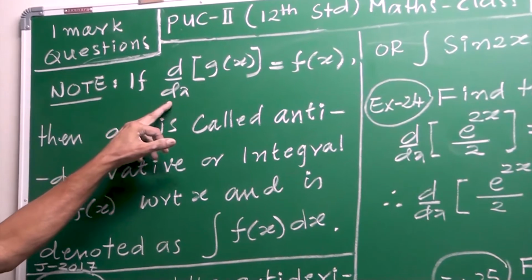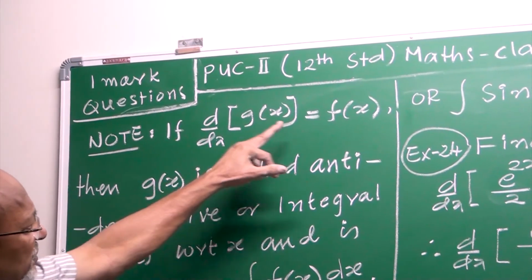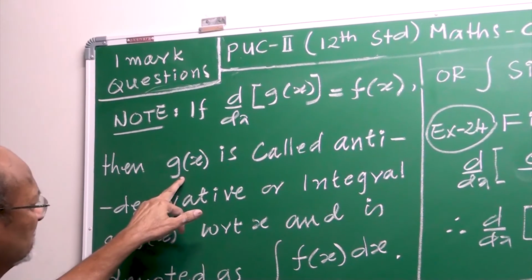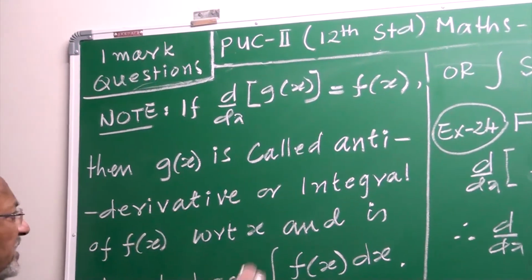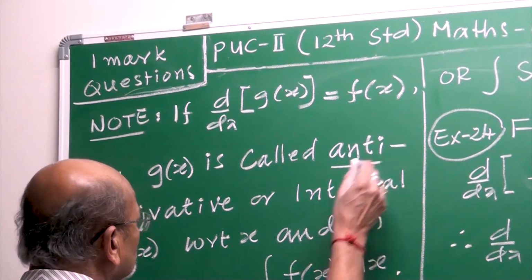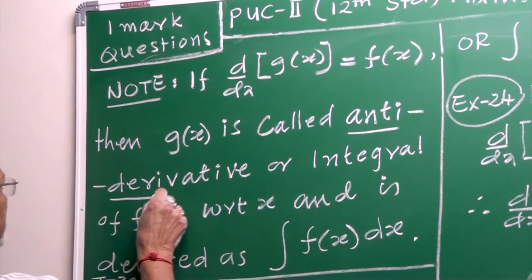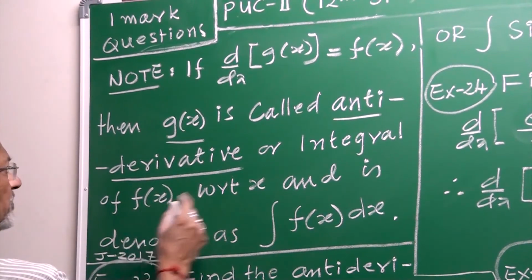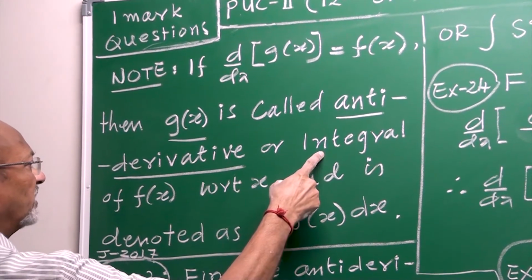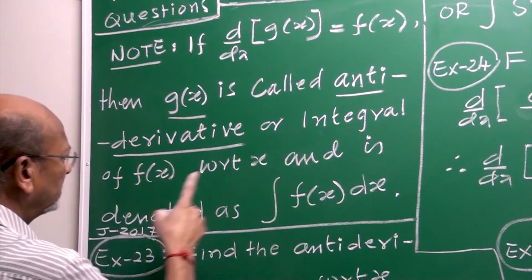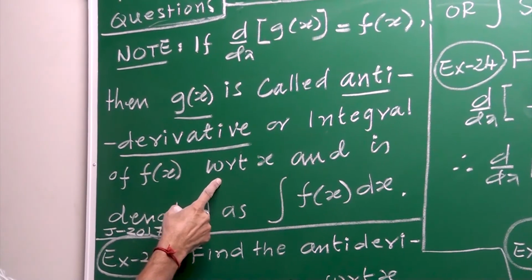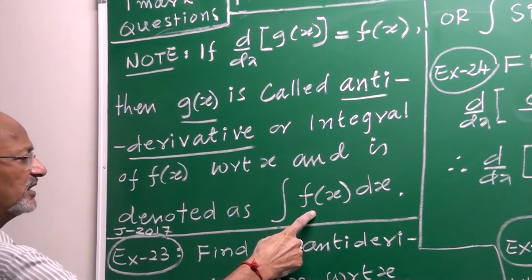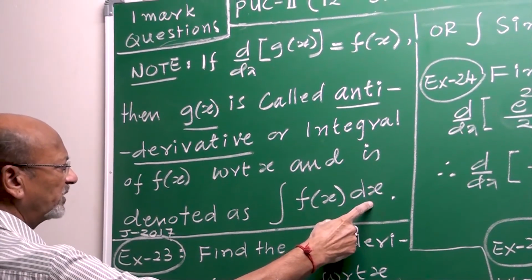Note, if d by dx of gx equals fx, then this gx is called the antiderivative of fx, or by another name, the integral of fx with respect to x, and is denoted as integral fx dx.